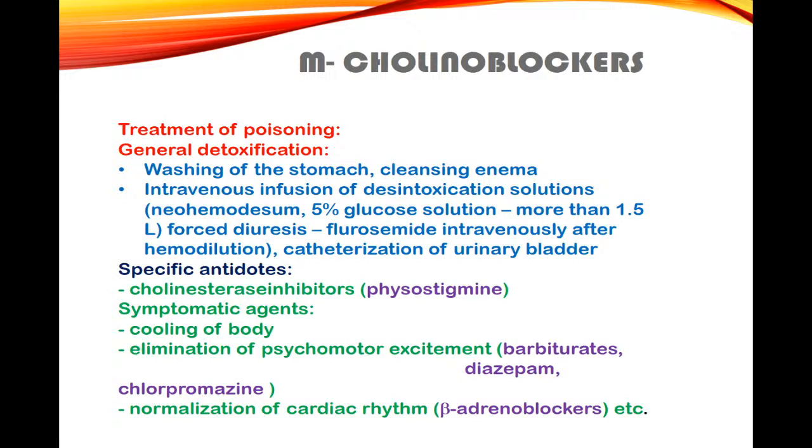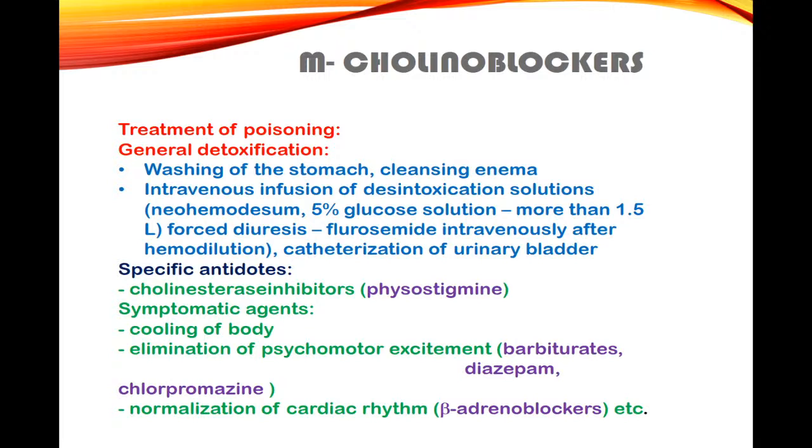Specific means used exactly in this poisoning. Yes, for cholinesterase inhibitors we have specific antagonists, but for atropine we don't have specific antagonists, because the affinity of atropine to M cholinoceptors is very high.